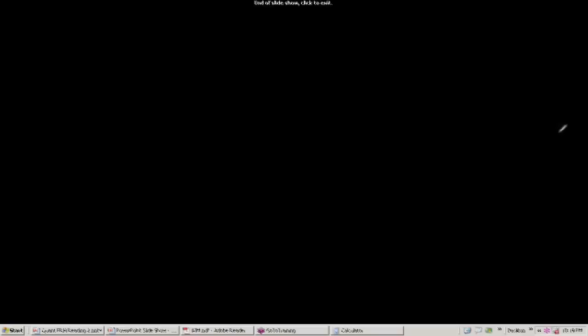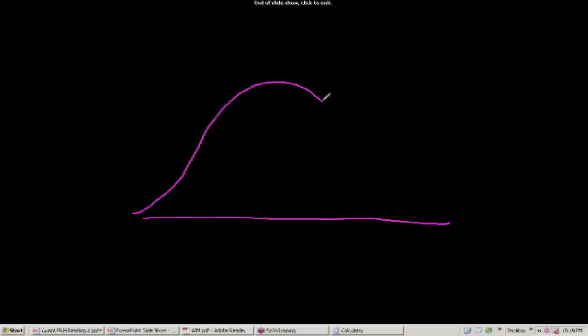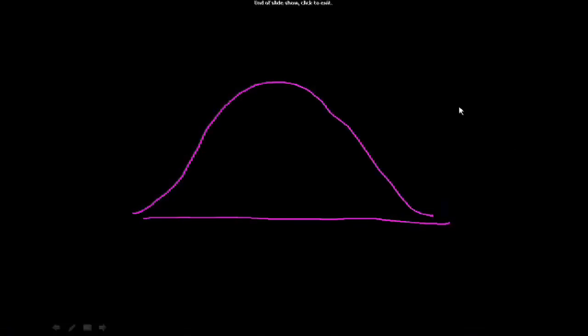Assume that this is your normal distribution. You can have a distribution which is a T distribution like this. It has a fatter tail, but its height is lower. So this is one T distribution.